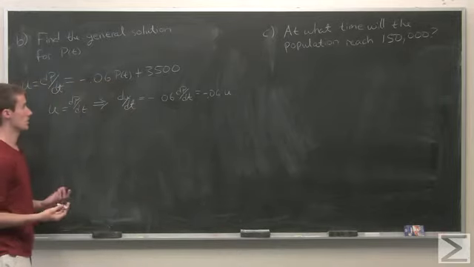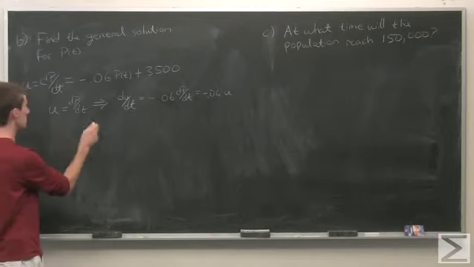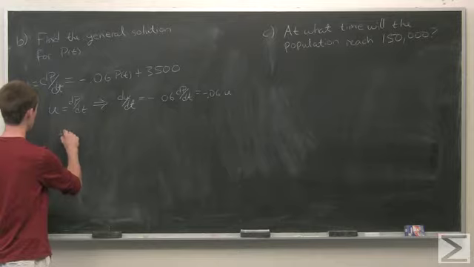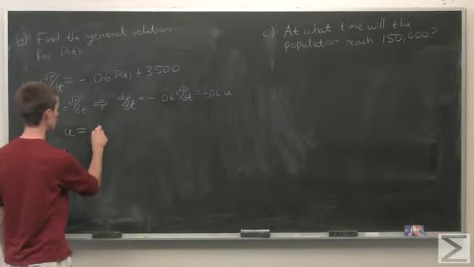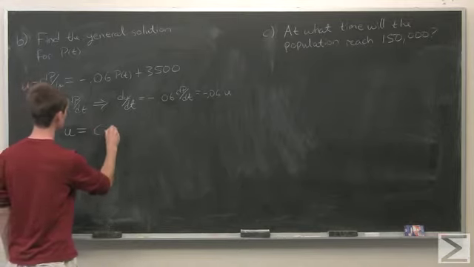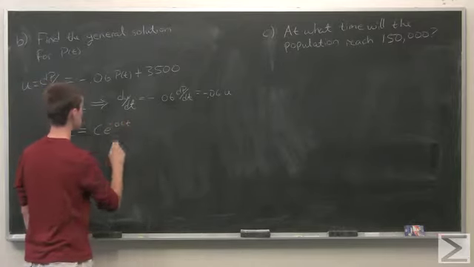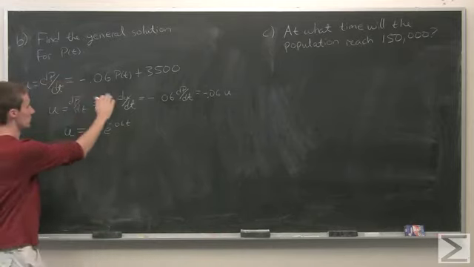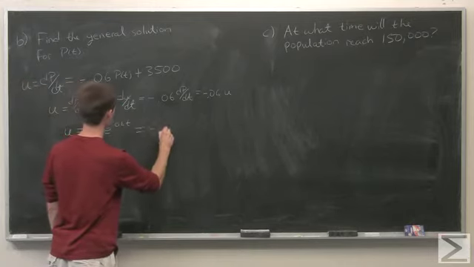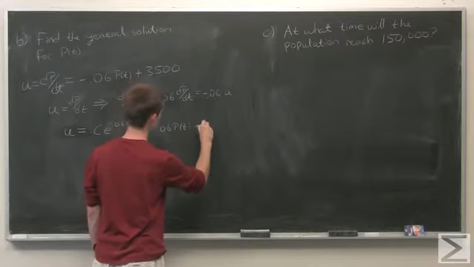So now we can solve the differential equation for u, and see that u must equal c times e to the negative 0.06 t. But we also know that u is equal to negative 0.06 P of t plus 3,500.